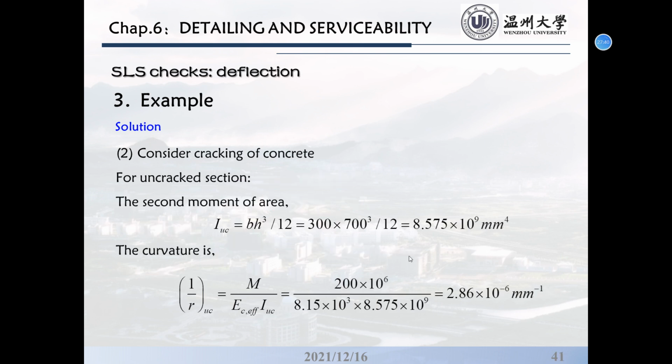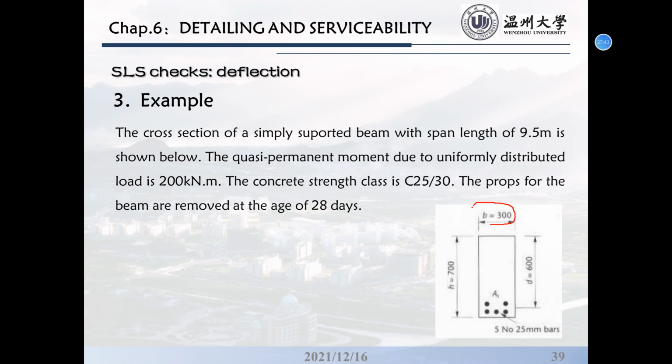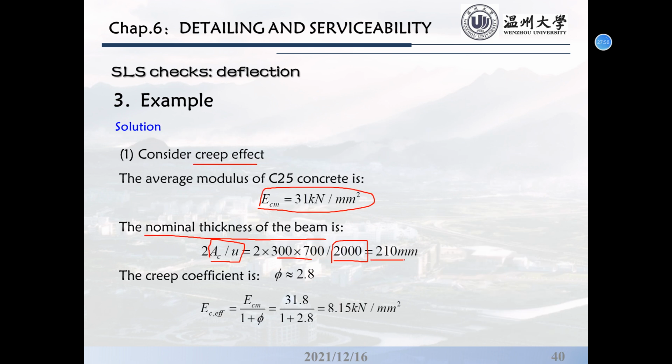Ac is the concrete area, B multiplied by H, and u is the perimeter, together giving 2000. Then we get this one, and checking the tables, we get the creep coefficient equal to this one. So for the effective modulus, using the expression, we get this one.